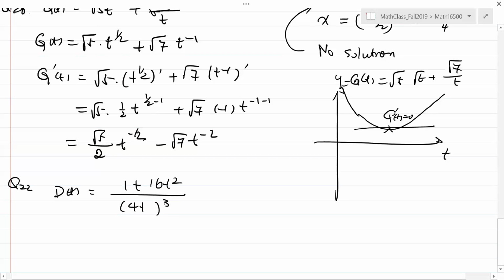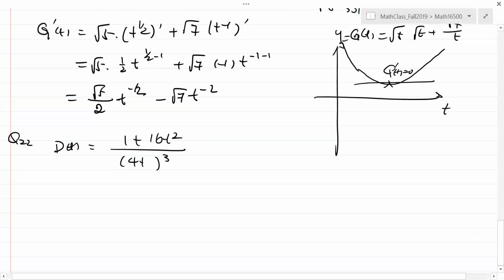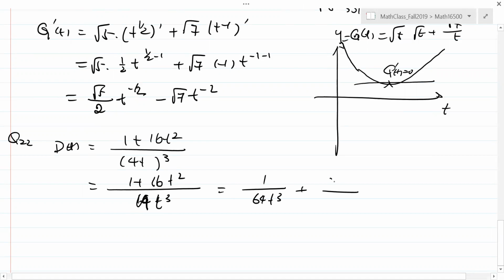It looks like a quotient of two functions, but I can express it as a sum of power functions. So what I'm going to do is, 64 t cubed. So it's going to be 1 over 64 t cubed plus 16 over 4.